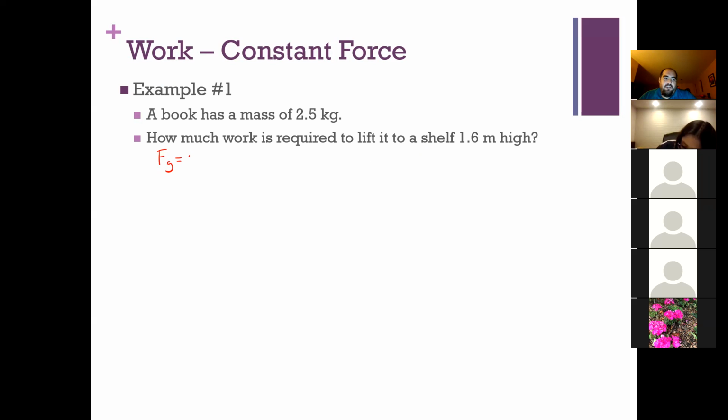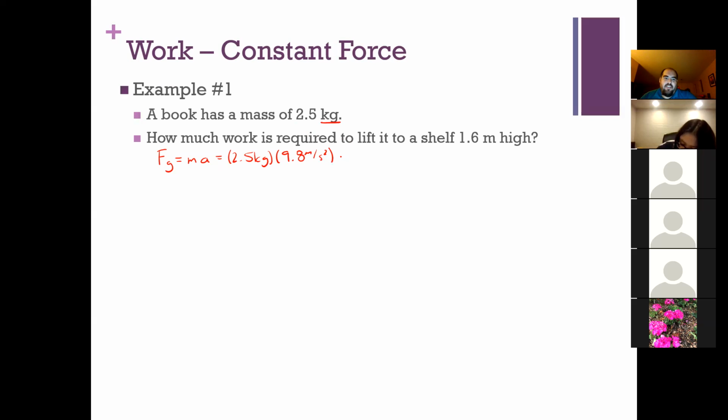Newton's second law tells us this force is basically equal to the mass times the acceleration. In particular, it is going to be equal to 2.5 kilograms times the acceleration of gravity. Since I've given you a mass in a metric unit, an SI unit, you need to give me the acceleration in the appropriate unit.